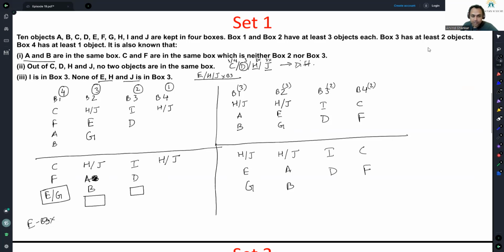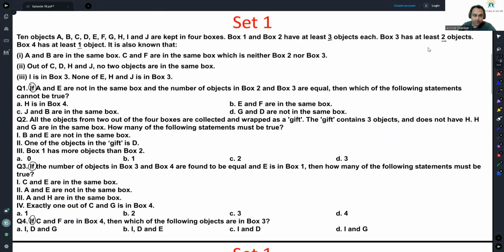E or G can potentially come in box 2 also. E or G, whichever is left out of box 1, can come in box 4 also. Can both E and G come here? It is also possible that box 1 has both E and G. Okay, lots of cases. Let us get to individual questions now.